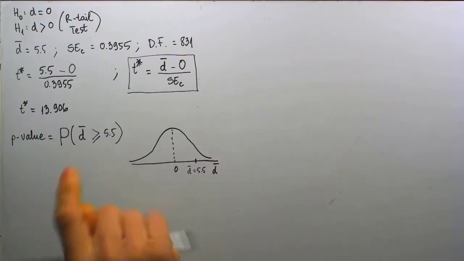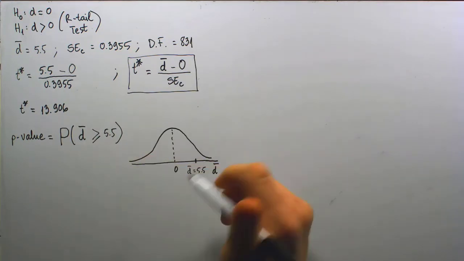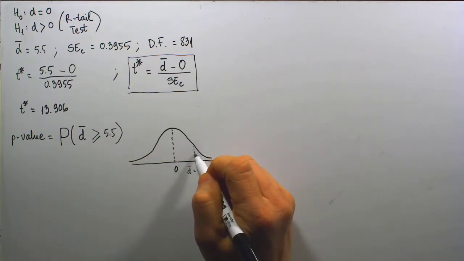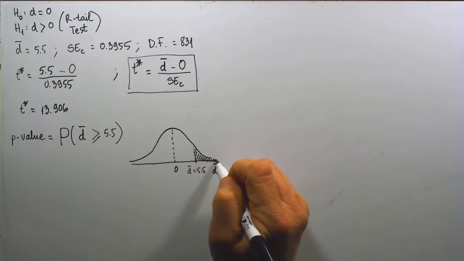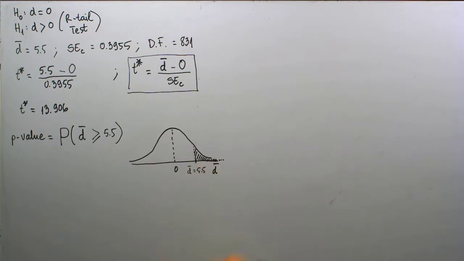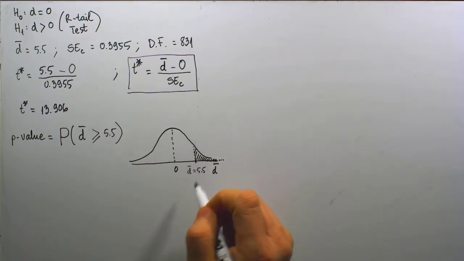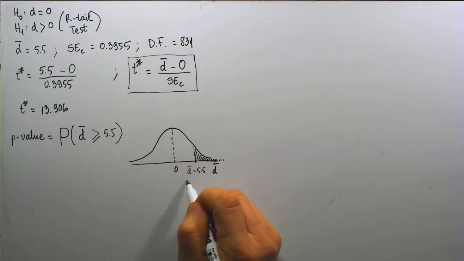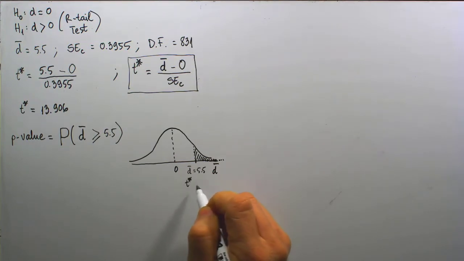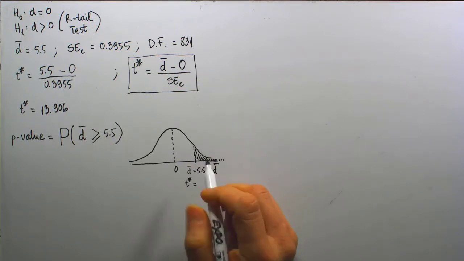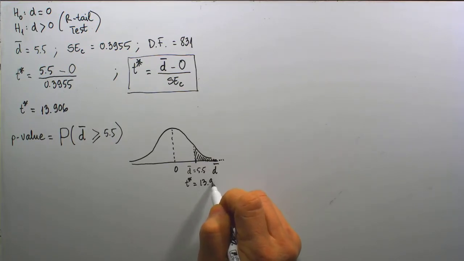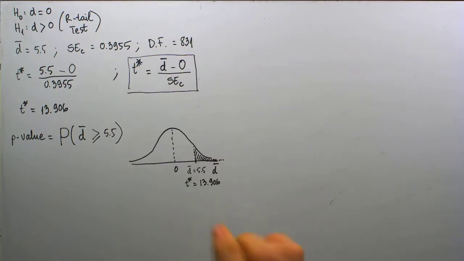And so this probability calculation is the same as the calculation of how big the area shaded to the right-hand side of 5.5 on our bell curve is. And this d bar, from where it stands, has a t star equivalence, t star being 13.906, a positive t star value.